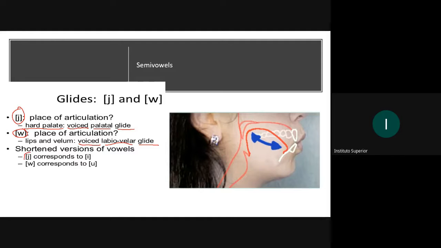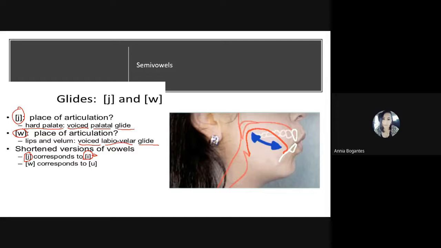Look at this part. Look at this one. This is a very important clue. Can you read, please? Shortened versions of vowels correspond to clear. Yes. It's like these sounds.